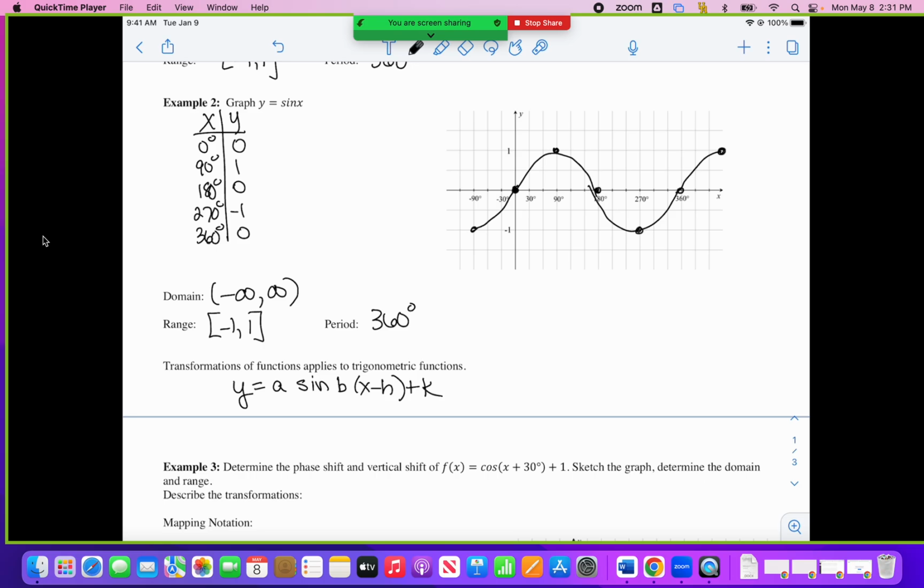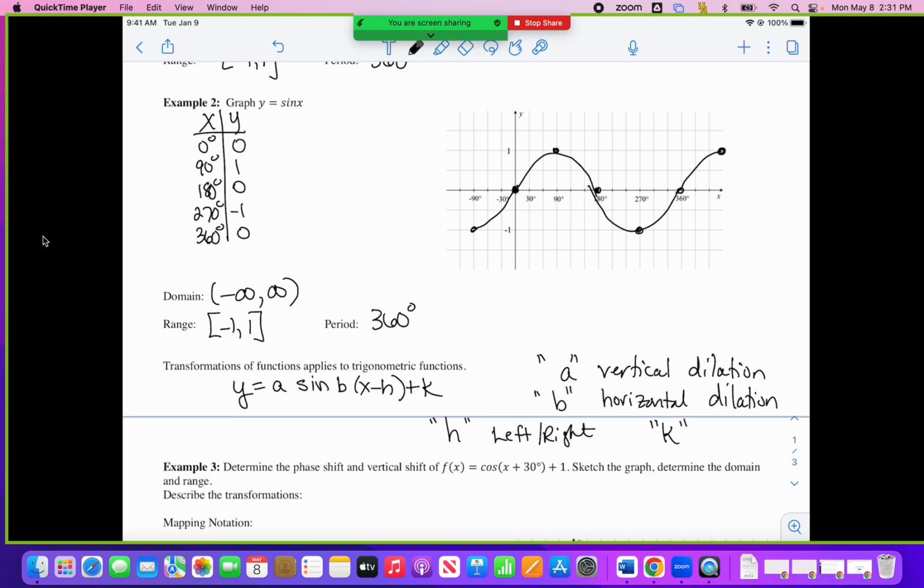So here's what I would like you to write down. If I write in general, and this would be true for cosine as well, y equals a sine b(x minus h) plus k, a is going to be a vertical dilation. The a value is your vertical dilation. It's going to be a stretch or a shrink. b is going to be a horizontal dilation. h is the left and the right.